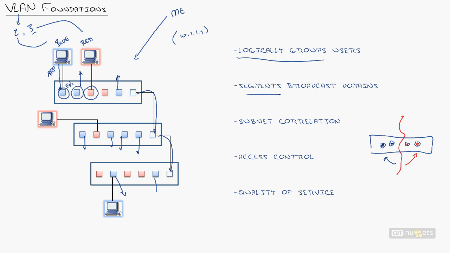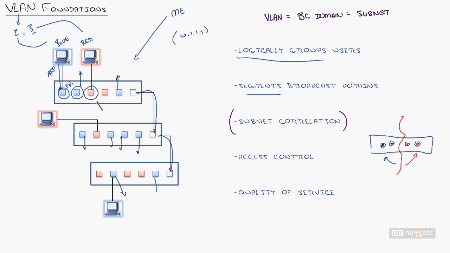Now, one other key fact before I add another twist to this: subnet correlation. When I first learned VLANs, I remember seeing something on Cisco's website. I can't find it, I looked. They had written down that a VLAN equals a broadcast domain equals a subnet. Right? They made that correlation, and I scratched my head for a long time going, what does that mean? It means they're all really the same thing with different names applied to them.